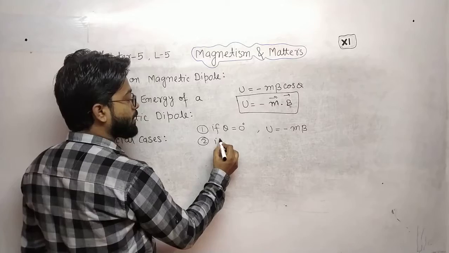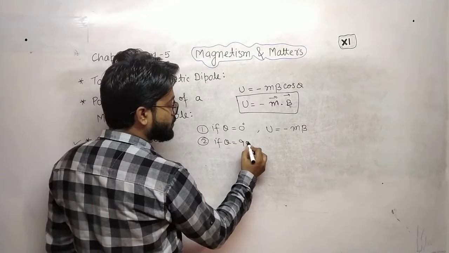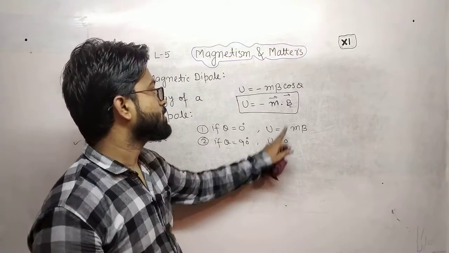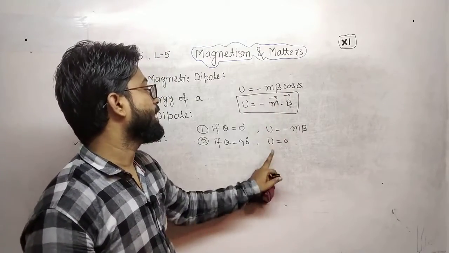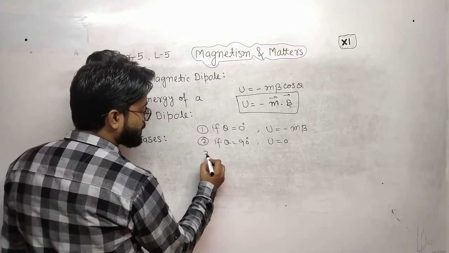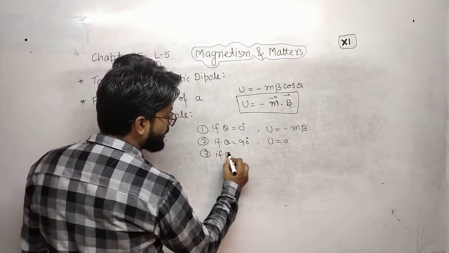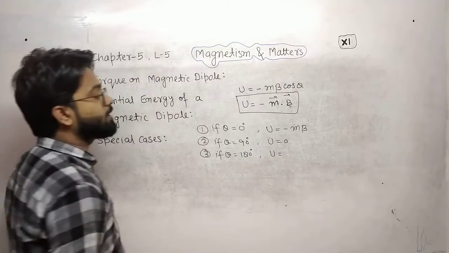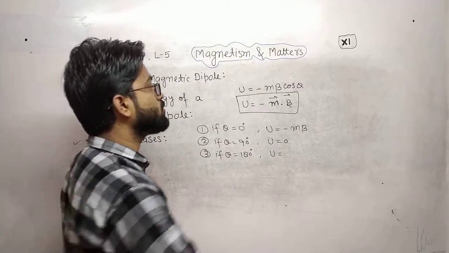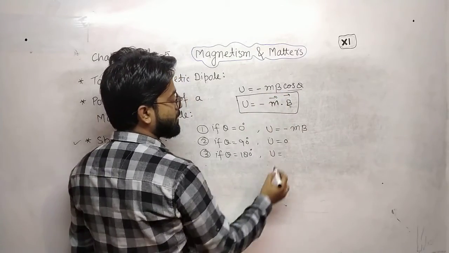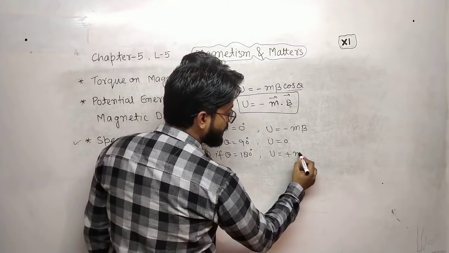Case number 2, if theta is equal to 90 degrees, U will be equal to 0 because cos 90 is 0 and potential energy stored will be 0. Third case, if theta is equal to 180 degrees, U will be equal to what? Cos 180 is minus 1 and minus minus will become plus, that means plus MB.